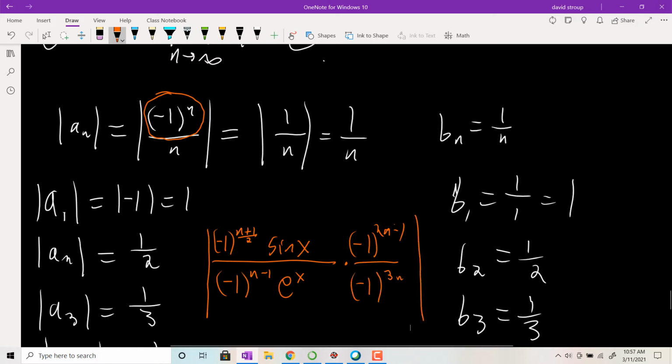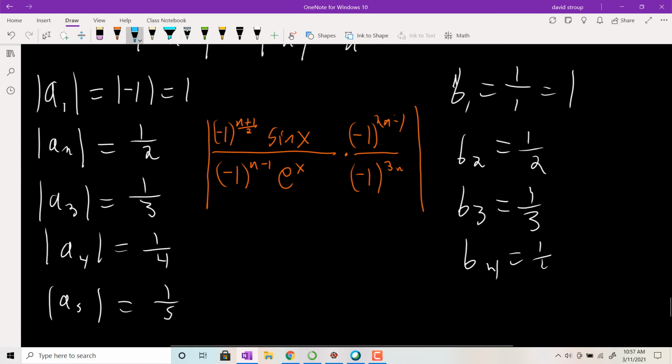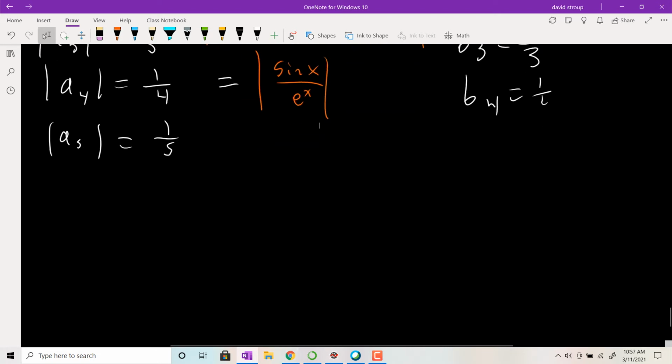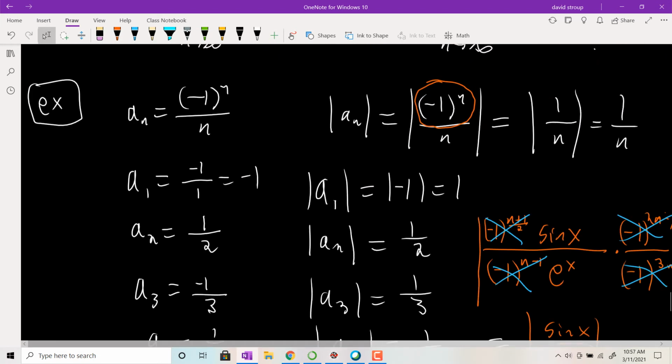The absolute values will clear out all of that -1 junk, and you'll end up with just the absolute value of sine of x over e to the x. Okay, so there's my little spiel on that.